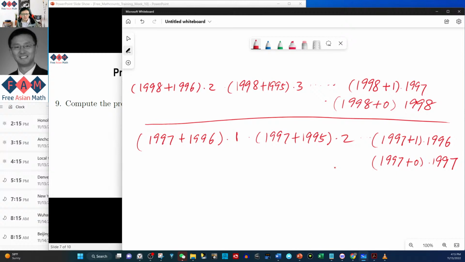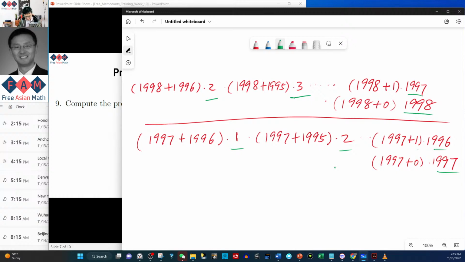Now if you take a look, what do you have? You have 2 times 3 times 4 times 1997 until you times 1998. But what do you have in the bottom? You have 1 times 2 times 3. So there are just one less.